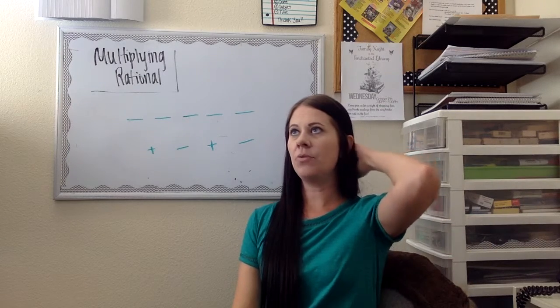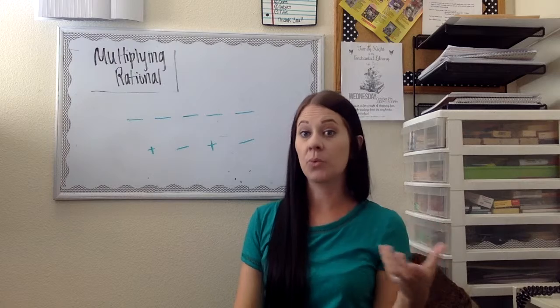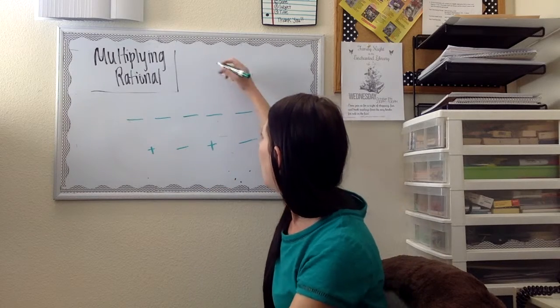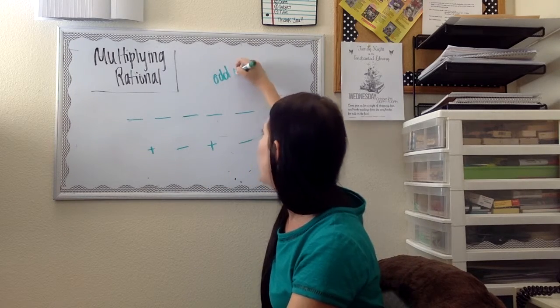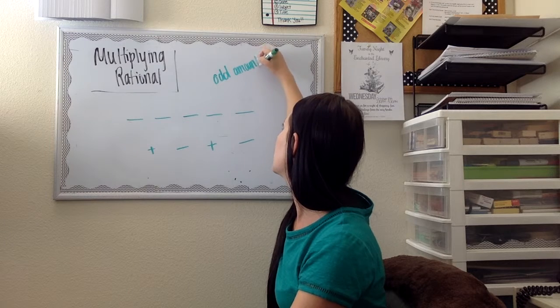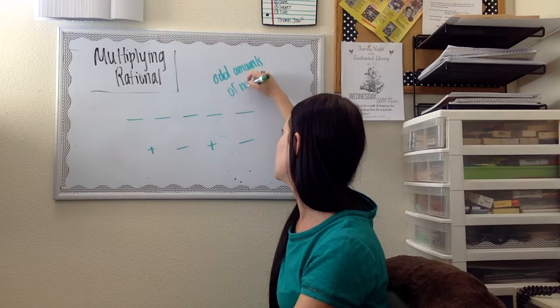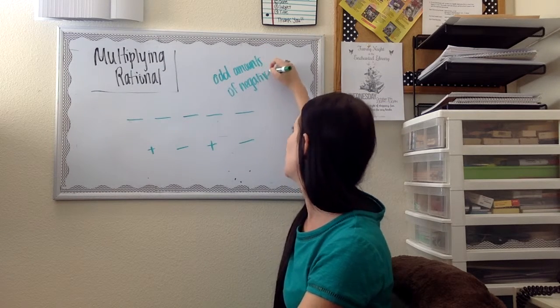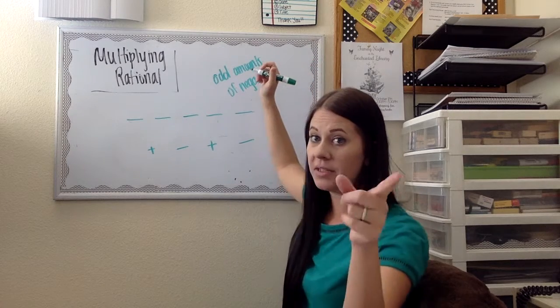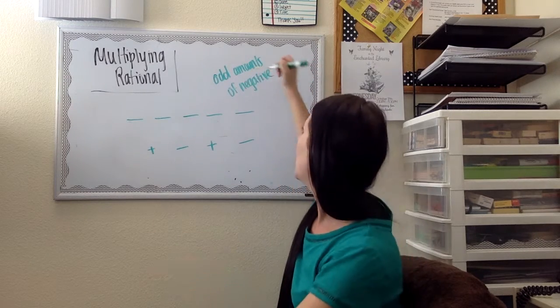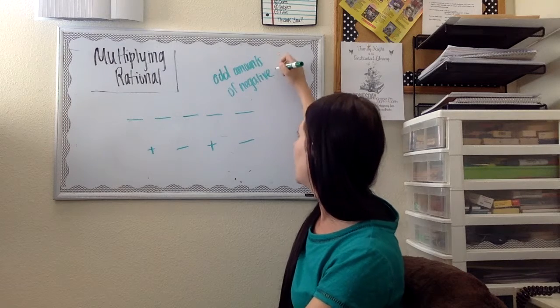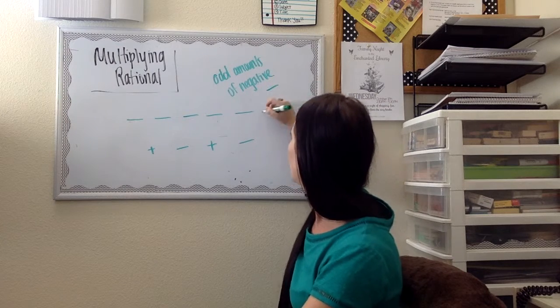Now, something you could remember as a general rule is odd amounts of negatives. This is all for multiplication and division. They're always the same rules. Don't forget that. Odd amounts of negatives give you a negative.